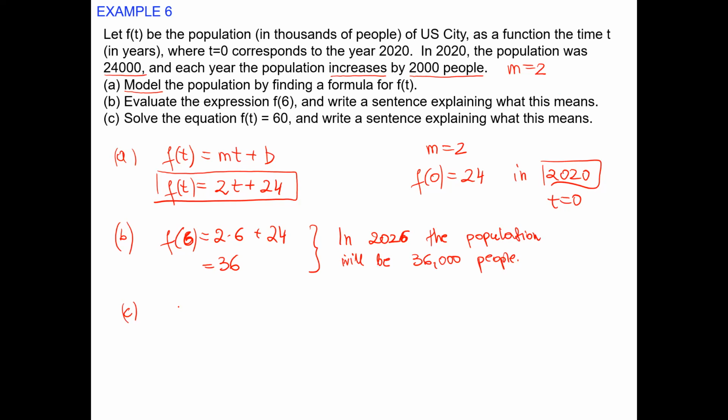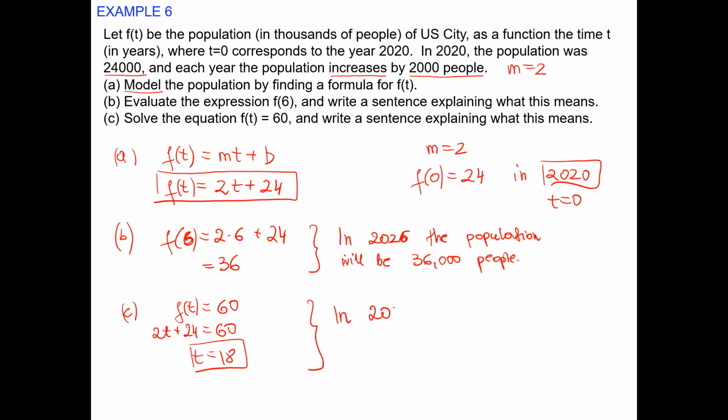Okay, that means f of t must be 60, then 2t plus 24 must be 60. When we solve for t, we subtract 24, 60 minus 24 is 36, divided by 2 is 18. So t is 18 years after 2020. What is the explanation? We can say the same way.